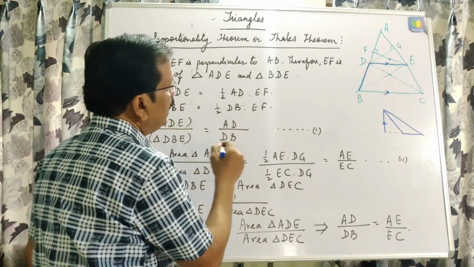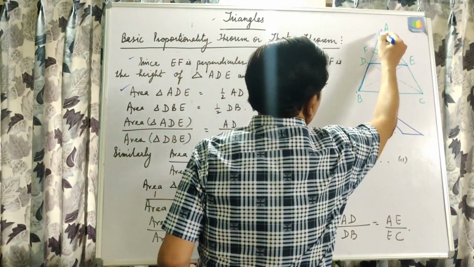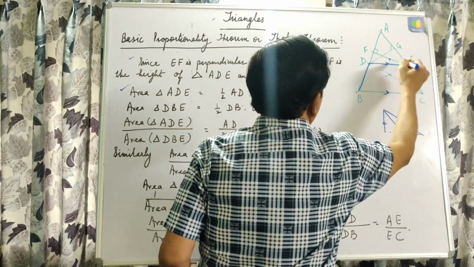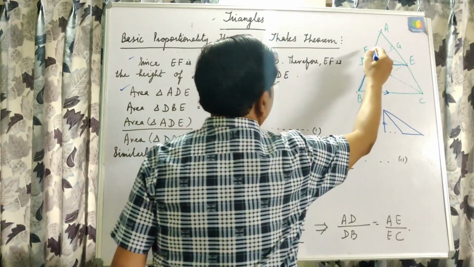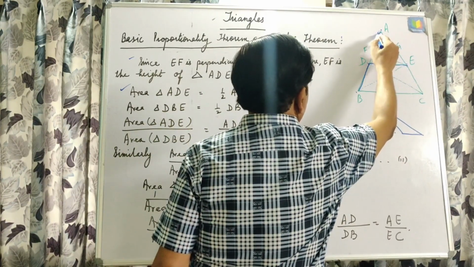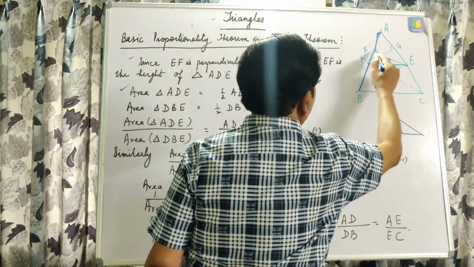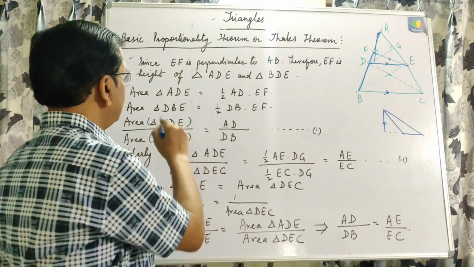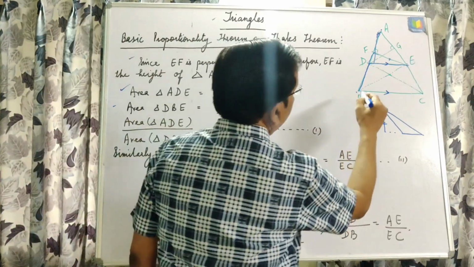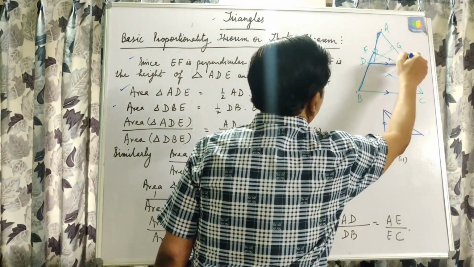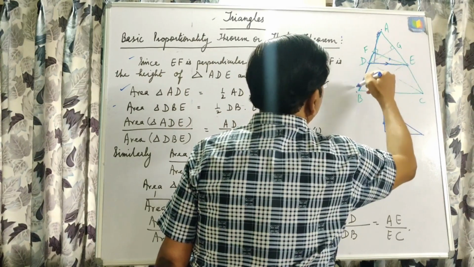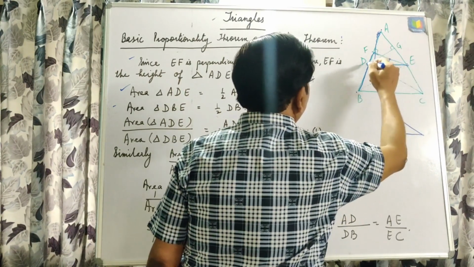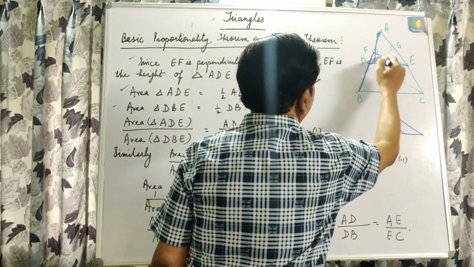Area of triangle ADE is half AD into height, and the height is EF for this triangle. In the same way, area of triangle DBE is half DB, the base, into height EF.